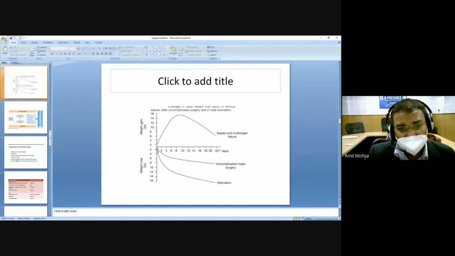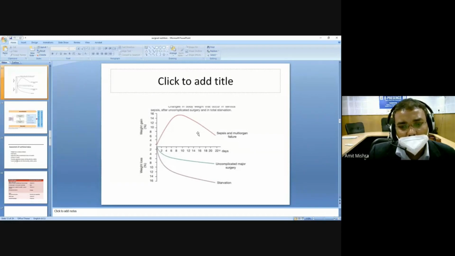Certainly there is weight gain even with sepsis and multi-organ failure, but in uncomplicated major surgery there is weight loss because of the starvation period. The weight gain is because of fluid retention and sepsis, and all these things lead to sepsis and multi-organ failure.